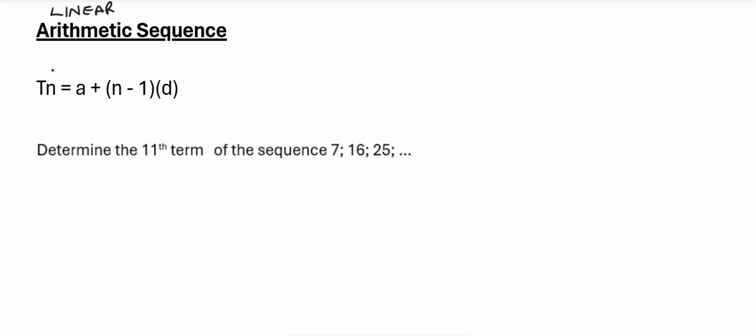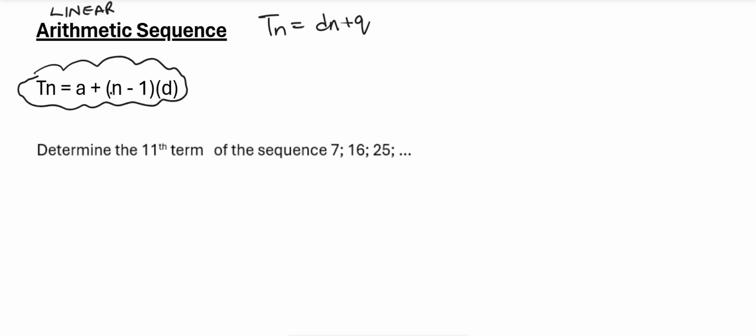The general term that we are going to use in grade 12 is no longer Tn = dn + q, but Tn = a + (n - 1) multiplied by d, where a is the first term and d is the common difference.